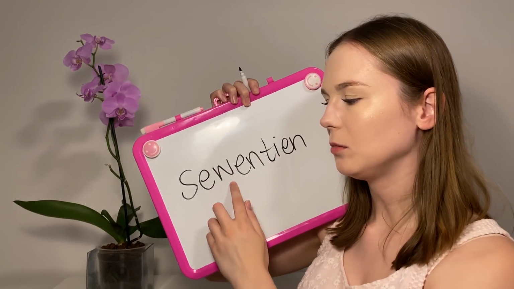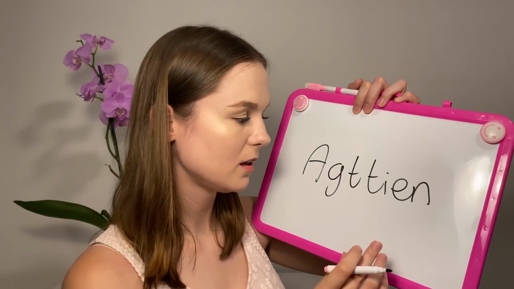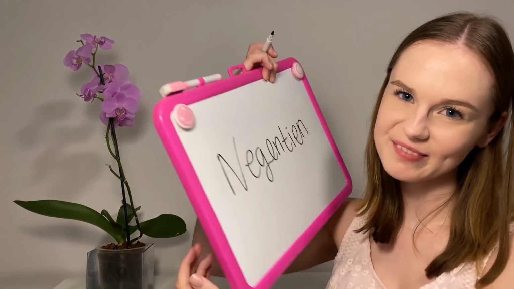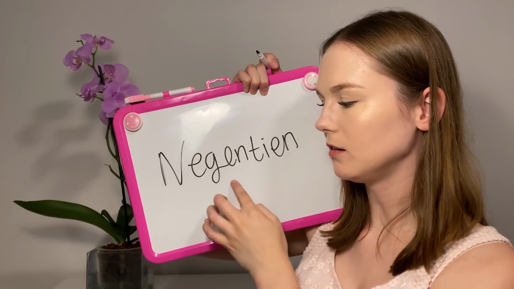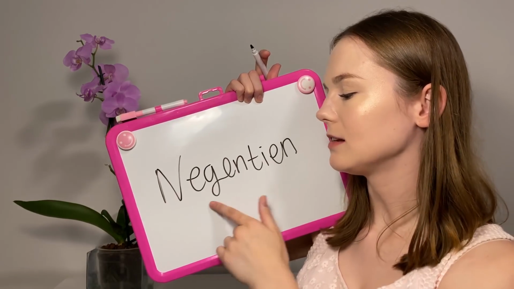And so the W there is the V sound. So 18 is 18. So that was 8, and then you add the 10. So for 19, you have 9, and then you add an N like you did with 17.